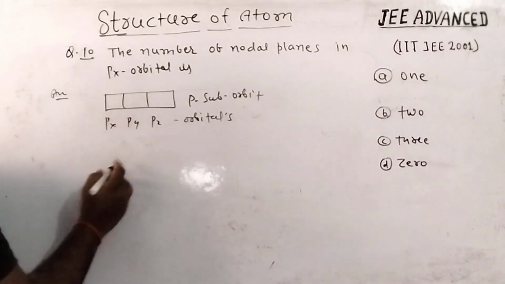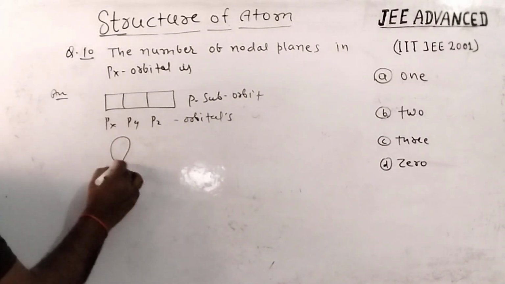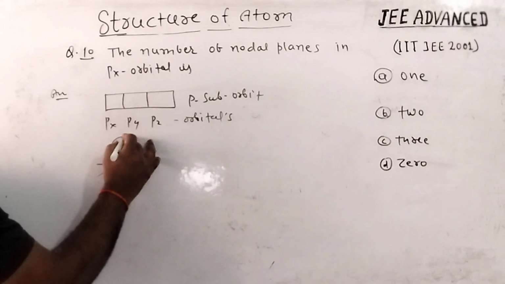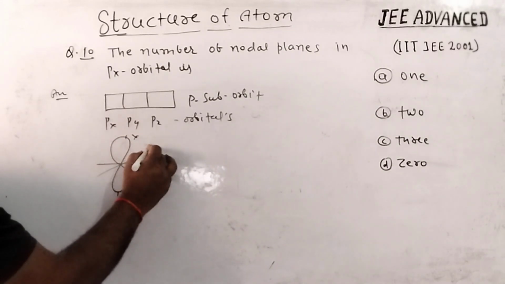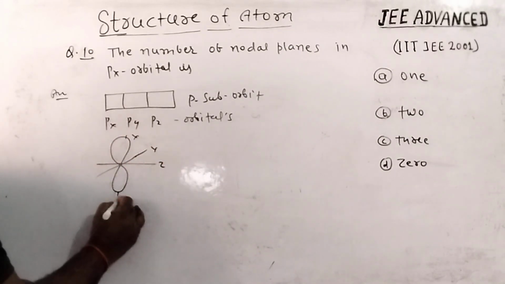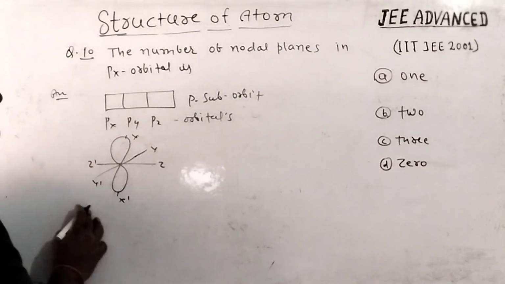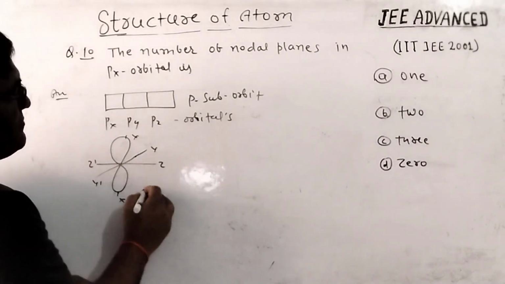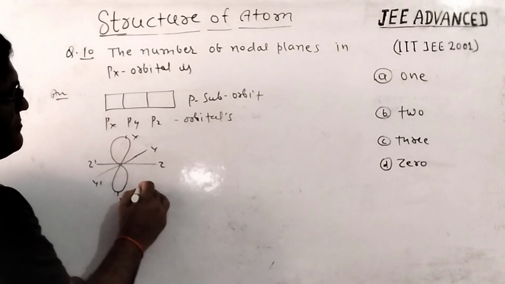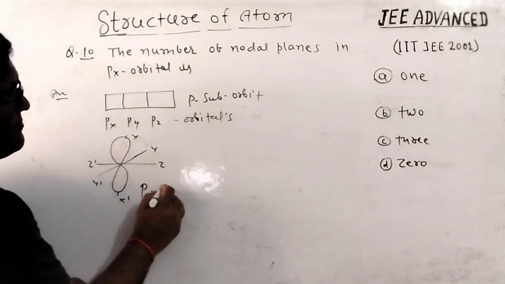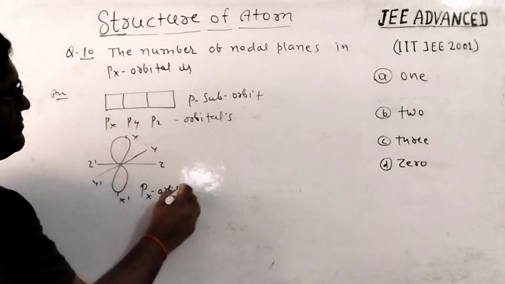In case of px, here x, y, z, x dash, y dash, z dash. Okay. Now this is px orbital.